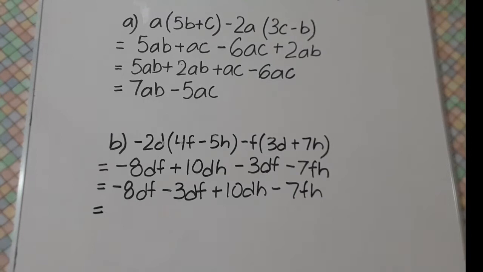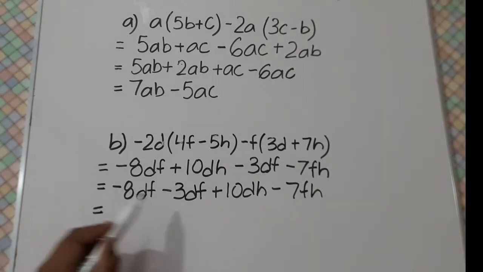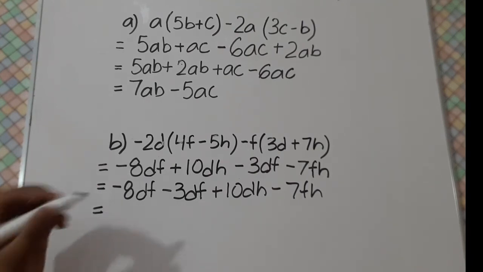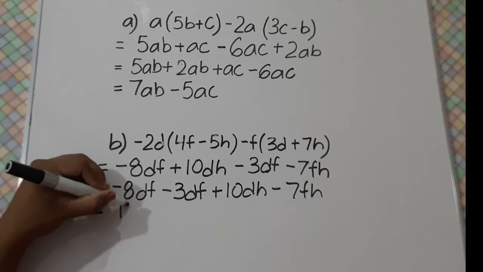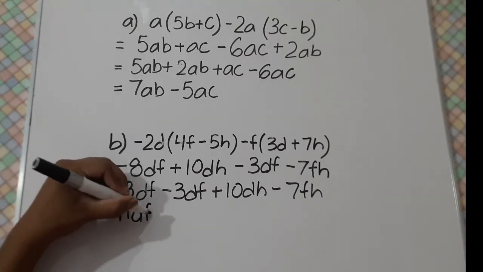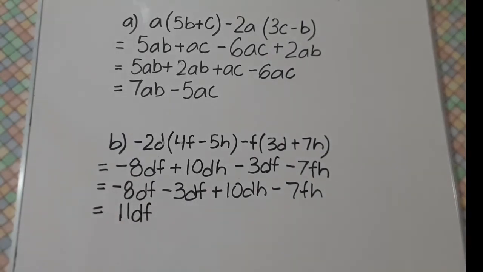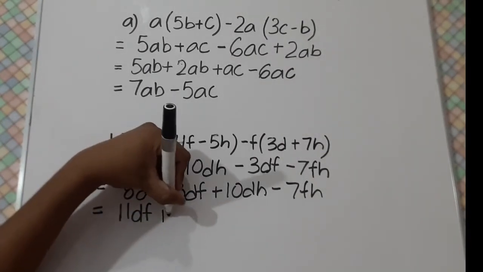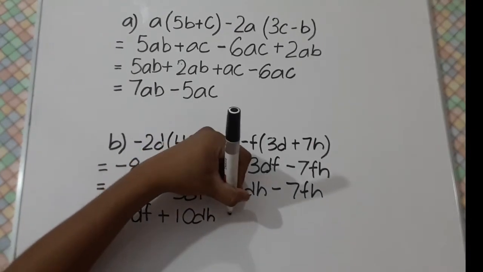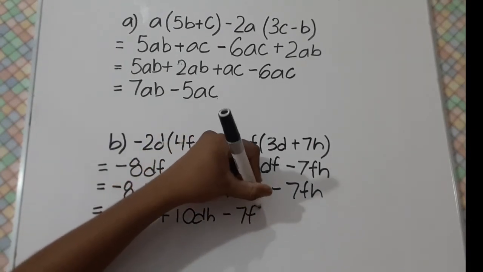Now for the like terms, minus minus is plus, so 8 plus 3 would be 11. So 11DF plus 10DH as it is, and 7FH also as it is.